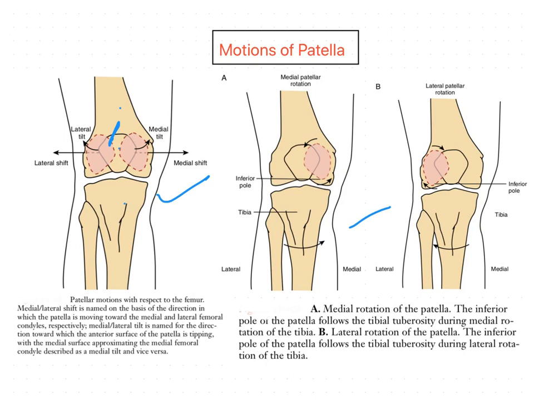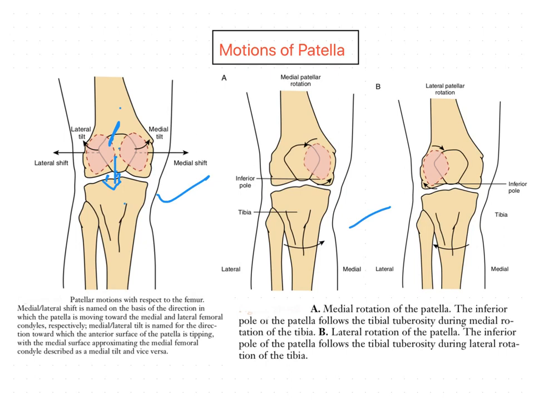So when the femur is fixed while the knee is flexing, the patella is pulled down, gliding inferiorly and rotating on the femoral condyles with the distal apex of the patella moving posteriorly.